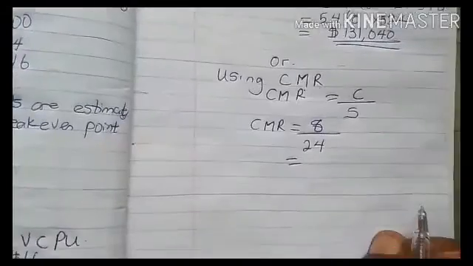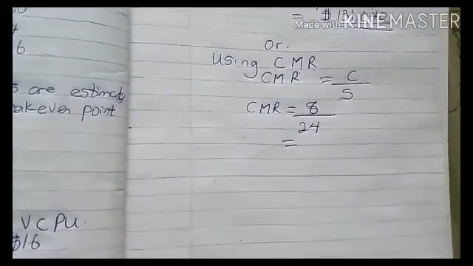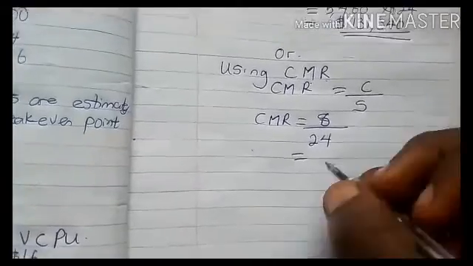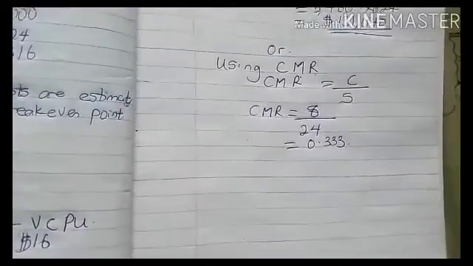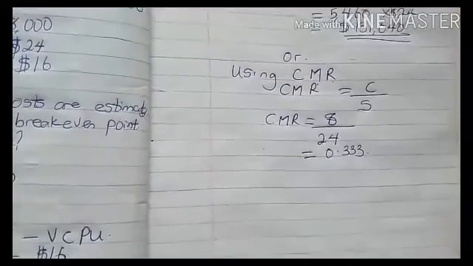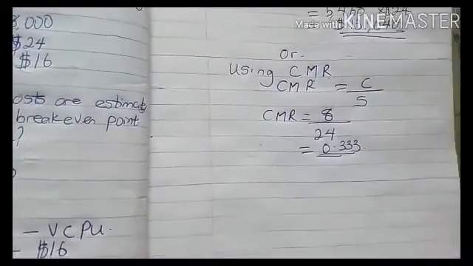So CMR will be 8 divided by 24, that is 0.3333 to the nearest decimal. Using this, we're going to get our break-even point in sales revenue only.